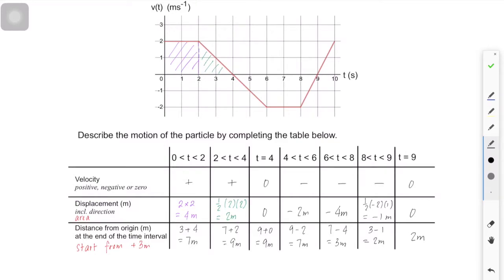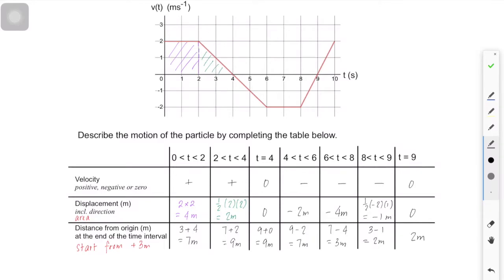And when we calculate the displacement, we're simply looking at how far the particle has traveled and in which direction during the time interval by calculating the area. Any area above the t-axis is positive. Any area that is below the t-axis is negative. So displacement has direction, therefore has plus and minus signs.